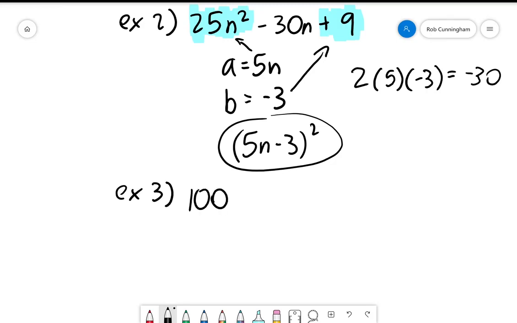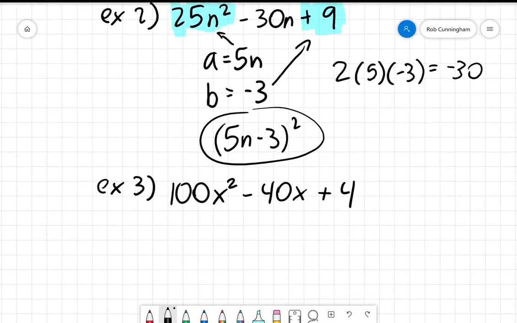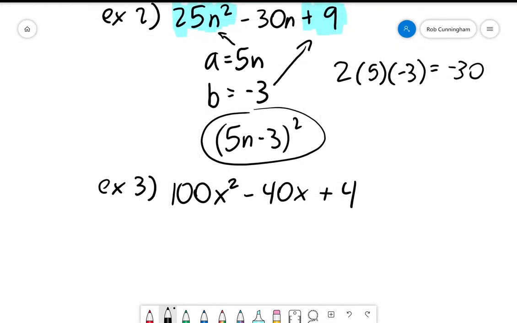We have 100x squared minus 40x plus 4. Okay, first step here. Well, I do see a couple of things I can do right now. First off, step 1, every single time, is there a GCF? Now, we haven't actually asked that question in the last couple of examples, so shame on me for not doing that.